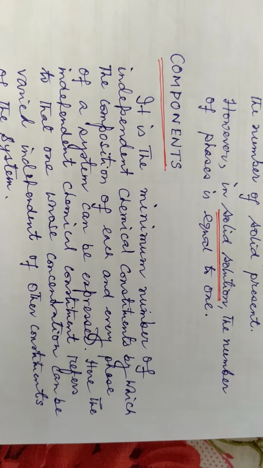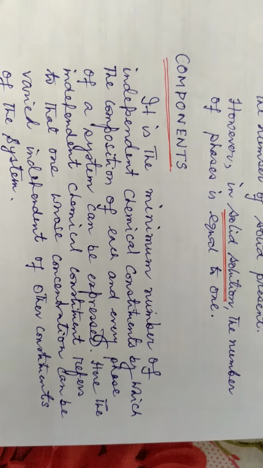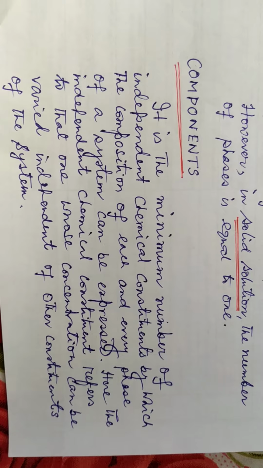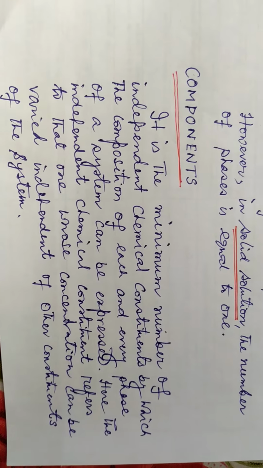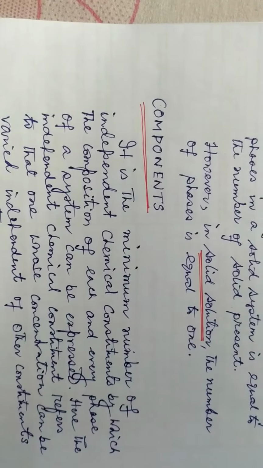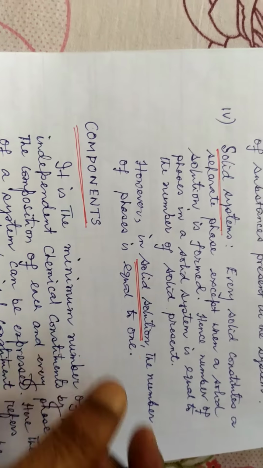Hence, the independent chemical constituents refer to those whose concentration can be varied independent of other constituents of the system. So, we can understand this from some examples.